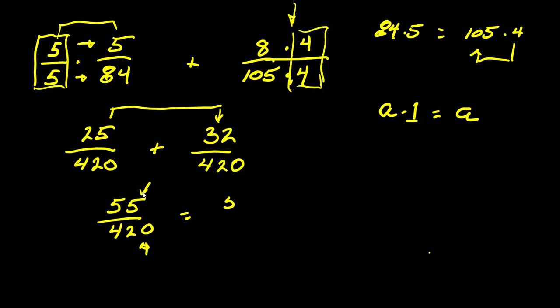This will be 5 times 11. 55 divided by 5 is 11. I can factor out a 5 here, and I think that's going to be 84.